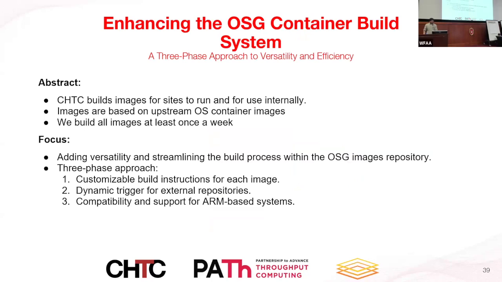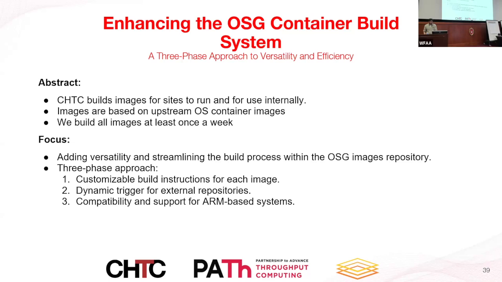All right, now getting into the meat of the topic. My project is enhancing the OSG container build system. So CHT currently builds images for sites to run and that we use internally. A lot of these images are based on upstream OS container images, and we build these images at least once a week.